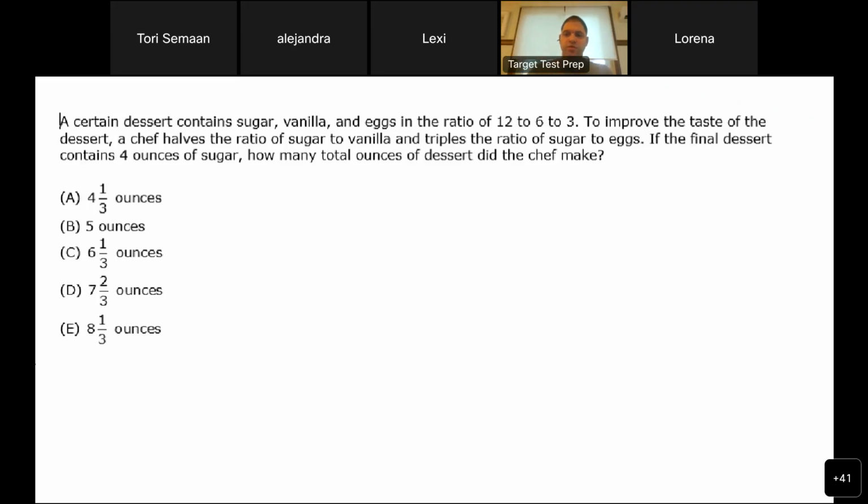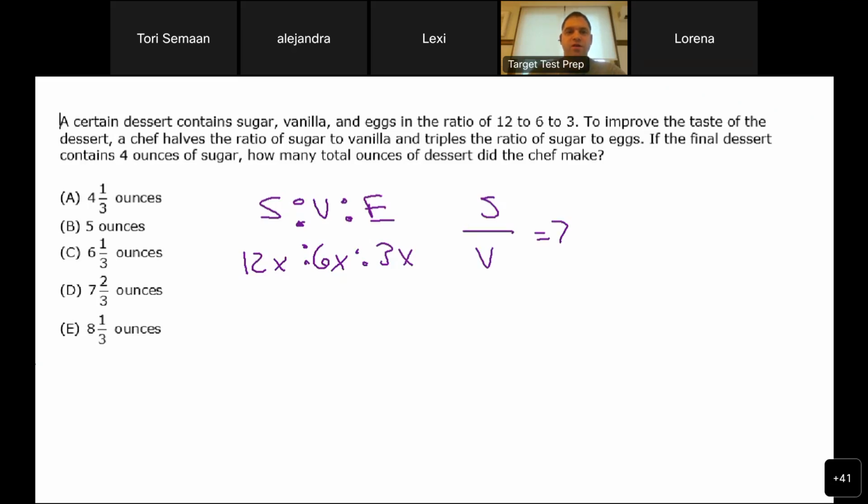Unless you guys got this one right as well. So here's what we have. We have sugar, vanilla, eggs in a ratio of 12x to 6x to 3x. Now, the way I deal with these questions is quite literal. So when you see that the ratio of sugar to vanilla is being halved, it's 12x to 6x.